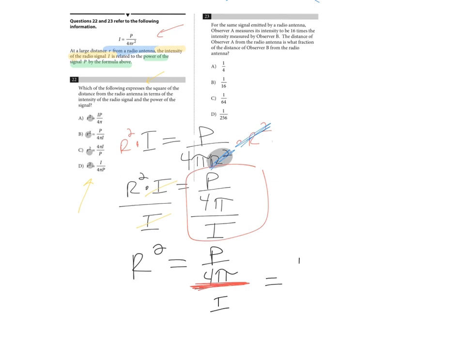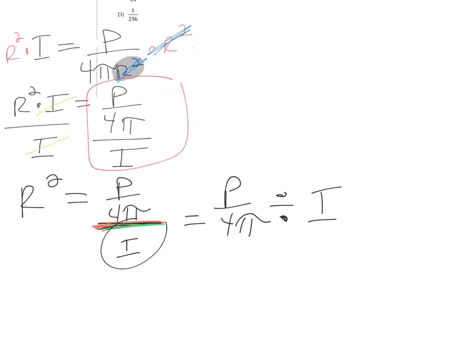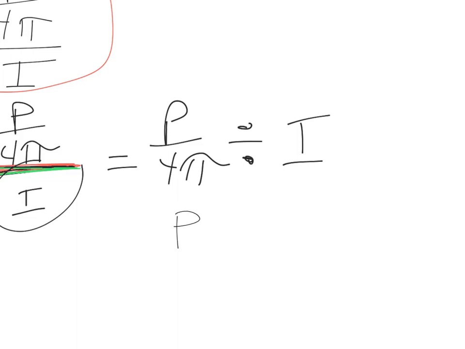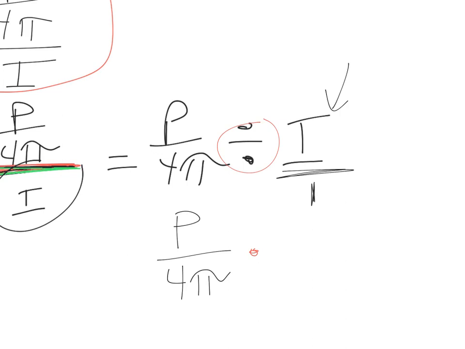Here I have P over 4 pi. Now the fraction just means to divide. So maybe I'll write it as divided by I. Well, the way you divide fractions is you change the division into multiplication. So divided is going to become times, and then we're going to take the reciprocal of the term after the division symbol, which is just I. So I'm going to put the I in the denominator.